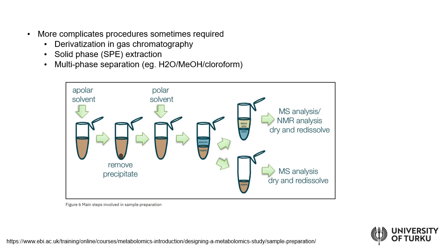So in order to increase the number of compounds that can be detected there, they can be derivatized with different procedures. Or it might be that you have something in your sample that you want to get rid of before going for the actual extraction. In that case, you can, for example, perform solid phase extraction, so that you add your sample to an SPE pre-column, and then you collect your sample after the harmful substance is bound to the SPE column.